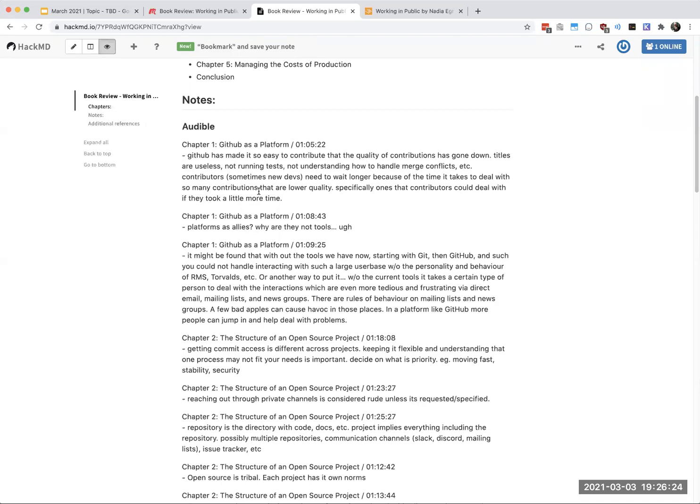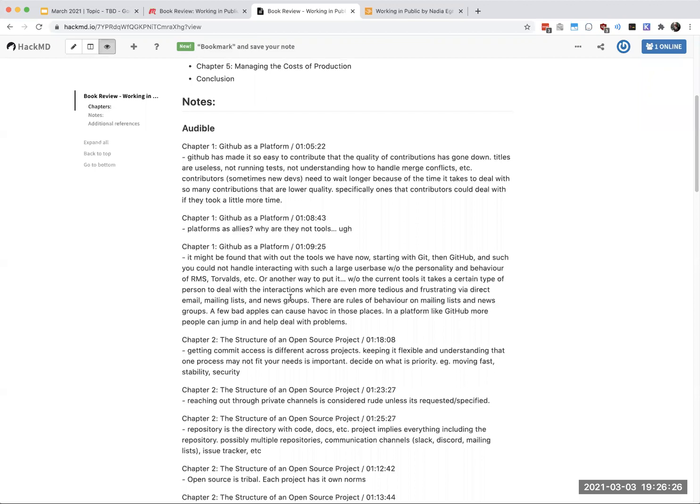Platforms like GitHub have made it a lot easier, but what they don't point out in the book is stuff like Heroku, which made it a lot easier for developers to deploy stuff, and Amazon's AWS cloud, bringing up new services, lowering the bar with all of those tools. Some of them have to do with companies that are offering services like that, and the other side would be the tooling around it, the actual software, allowing those things to be built.